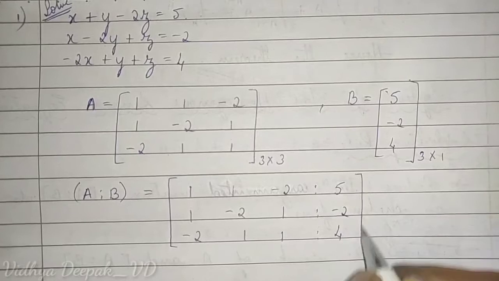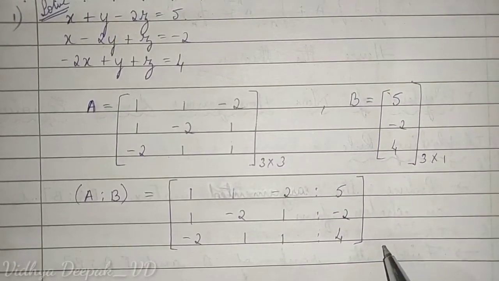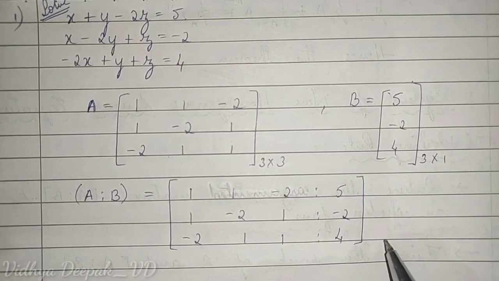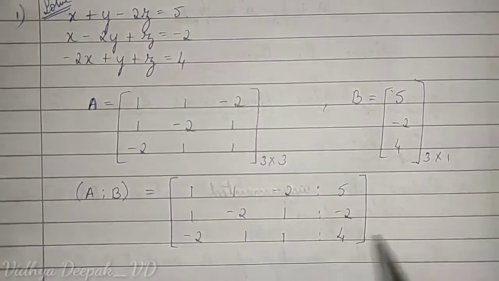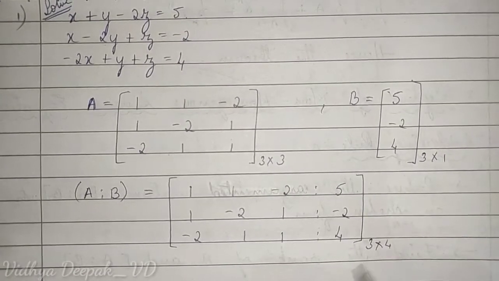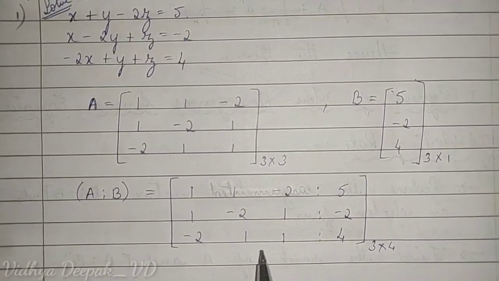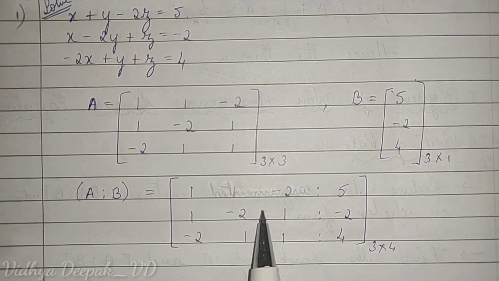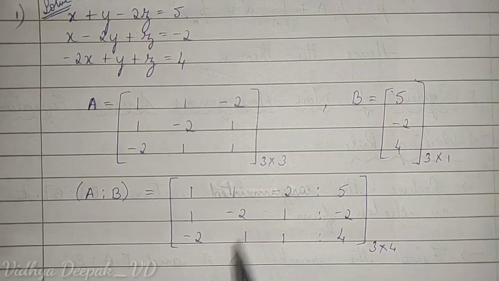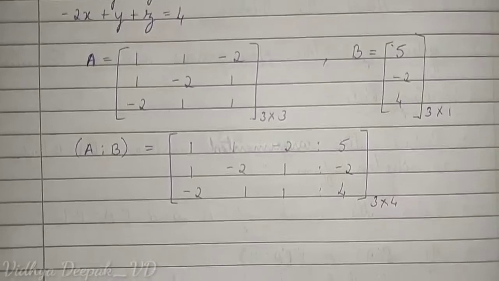This matrix is nothing but your augmented matrix. What is the order of this matrix? 3 cross 4.